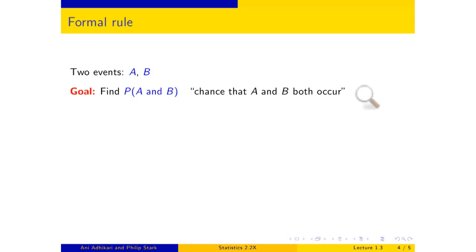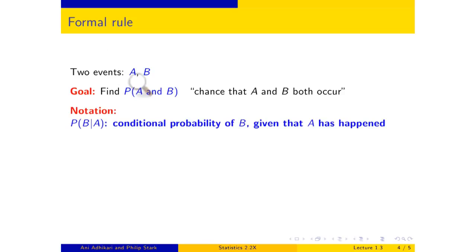A little bit of notation. The chance of A is just going to be written as P of A. The conditional chance of B, given that A has happened, is conventionally written this way: P of B, vertical bar, that is not a slash, vertical bar, A. And it is read P of B given A. The conditional probability of B given that A has happened.